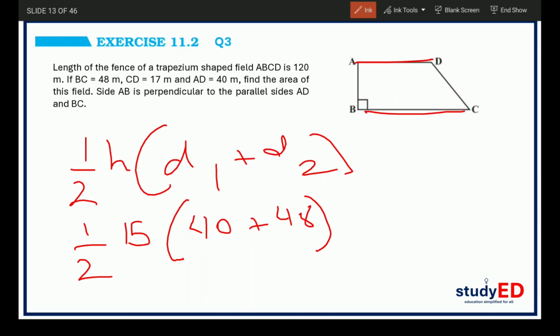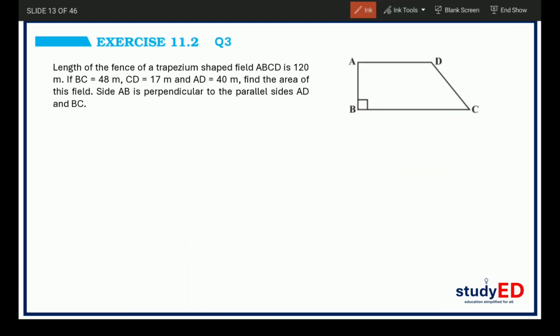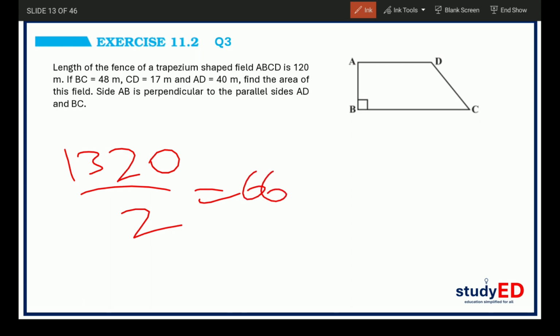So if we shorten up this formula, we have 15 by 2 into 88, and that gives us 1320 by 2, and this all in all it gives 660 meters square as our final area.